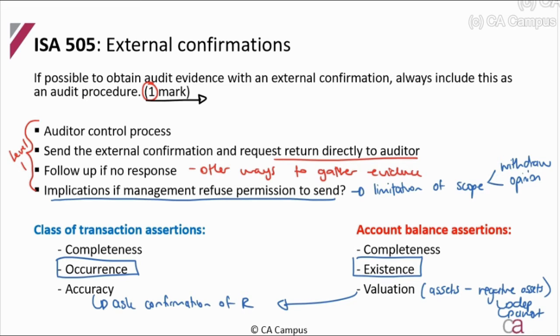So by me asking them to confirm the rand amount, I might not get the actual rand amount that's sitting in the financials, because they would only be confirming that initial amount.